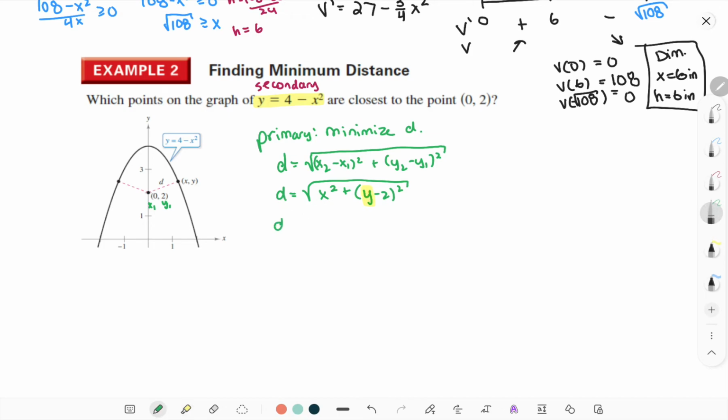So now my distance is the square root of x squared plus 4 minus x squared minus 2 squared. I'm going to clean this up a little bit before I take that derivative. And so D is going to be x squared plus, it's going to look like a 2 minus x squared squared.